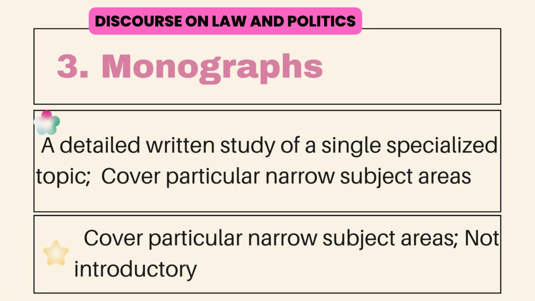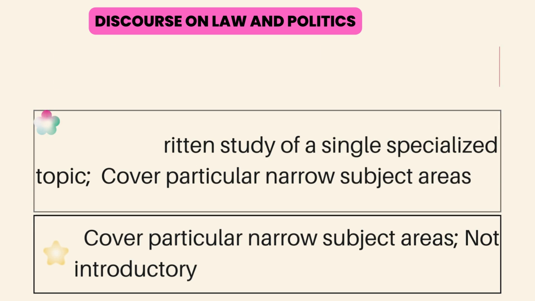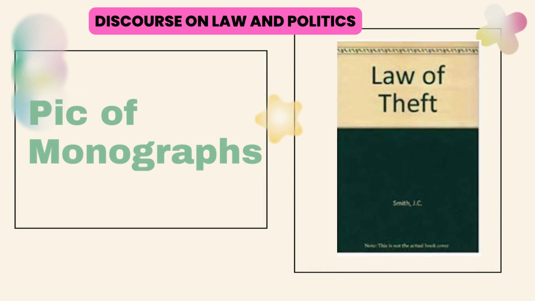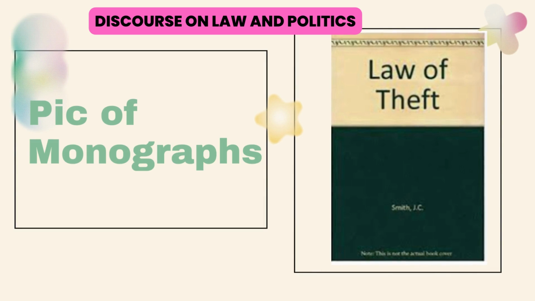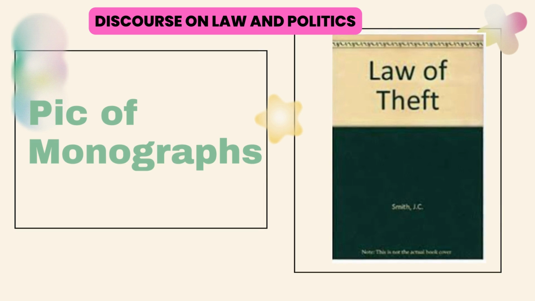For a better understanding of monographs, I have taken this pic of a book on the law of theft. This book is not on criminal law; rather, it is about one offense, theft. So it is a very specialized kind of book.